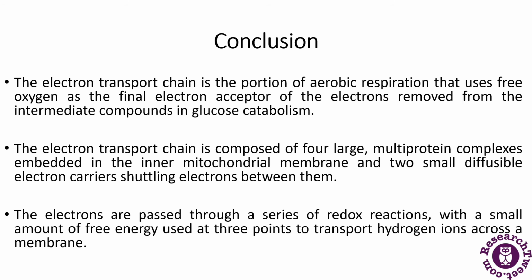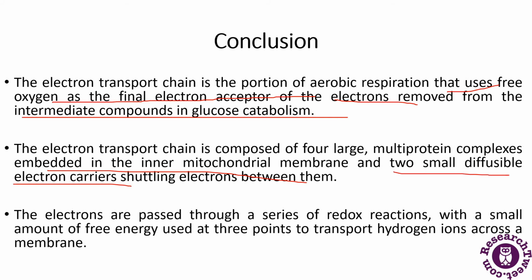Now coming to the conclusion, the electron transport chain is a portion of aerobic respiration. It was already described in the definition part that it uses free oxygen as the final electron acceptor of the electrons removed from the intermediate compounds in glucose catabolism. The electron transport chain is composed of 4 large multi-protein complexes embedded in the inner mitochondrial membrane, and 2 small diffusible electron carriers shuffling electrons between them.